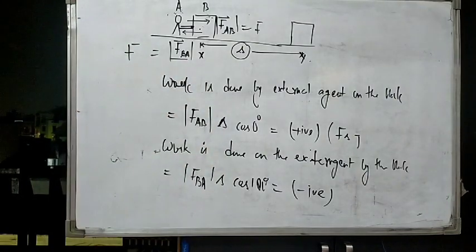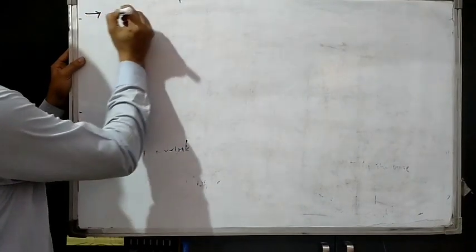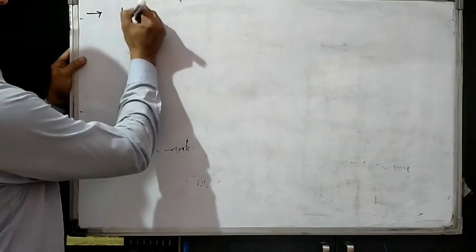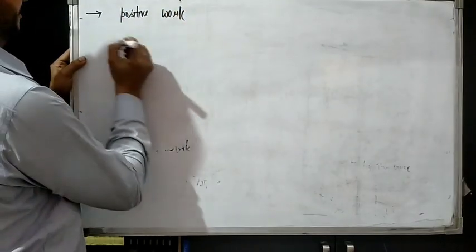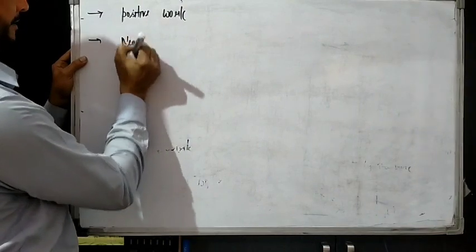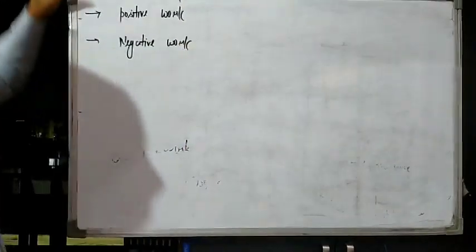Now we are going to the next slide. You should write two points: one is positive work and the other is negative work. What is positive work?